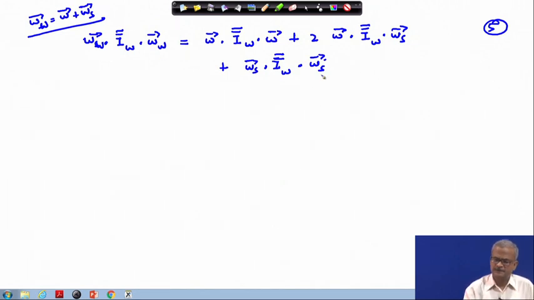Inserted here and expanded, then combined the terms to get this equation finally.